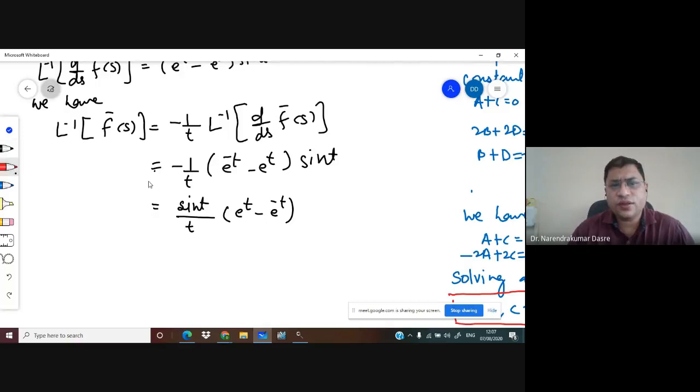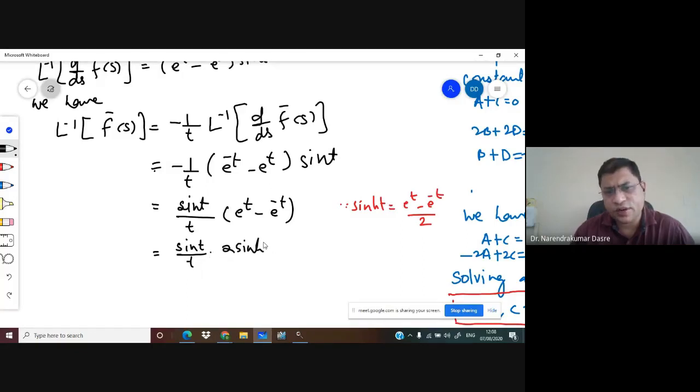Then we know that sine hyperbolic t is equal to (e raised to t minus e raised to minus t) by 2. So this 2 I can take here, and I can write this as sine of t upon t into twice hyperbolic sine of t.